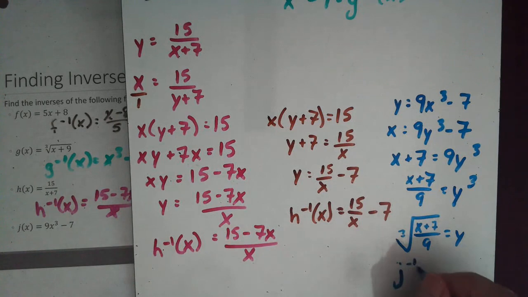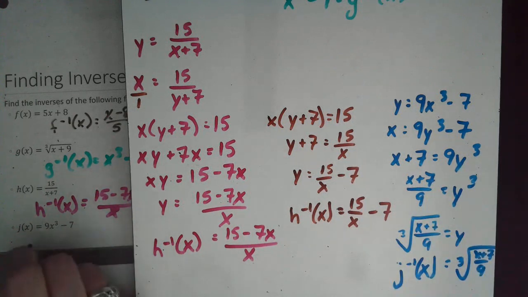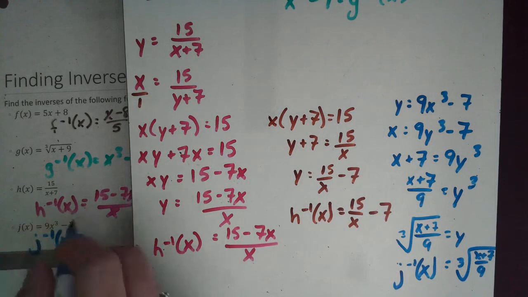J inverse of x is equal to the cubed root of x plus 7 over 9. So j inverse of x is equal to the cube root of x plus 7 over 9.